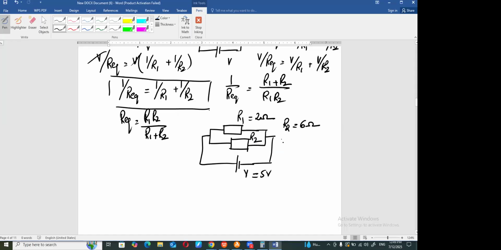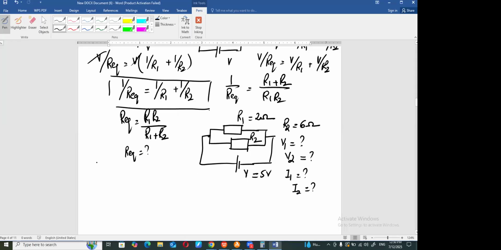Now we need to find the same: V1, V2, I1, I2, and R equivalent, right? These are the things you need to find out. Now, how to do this?